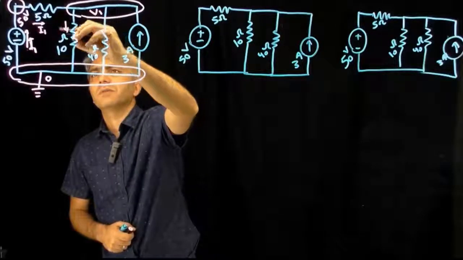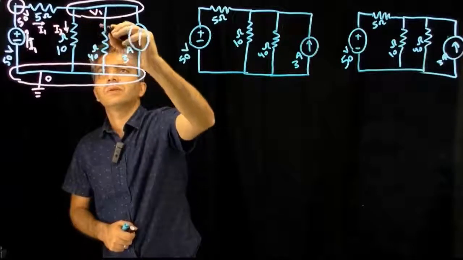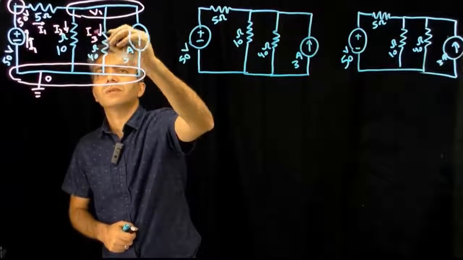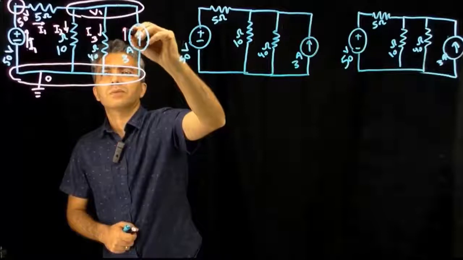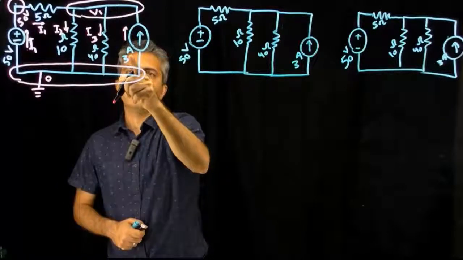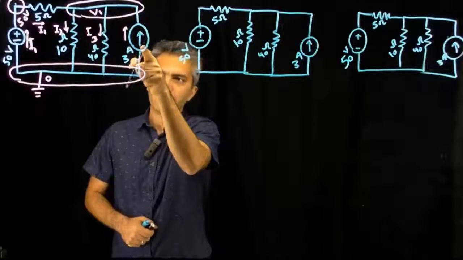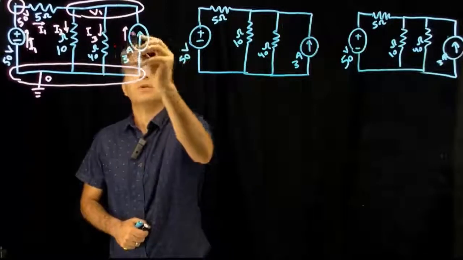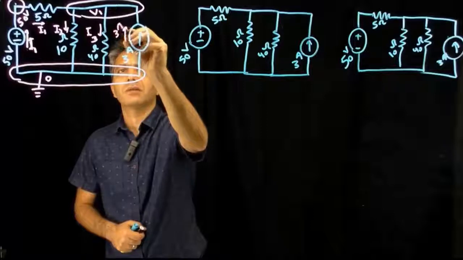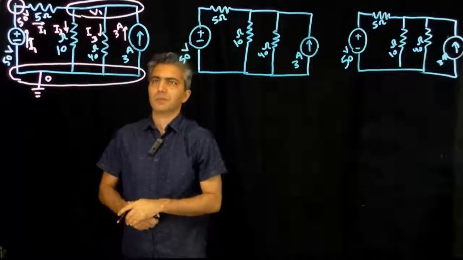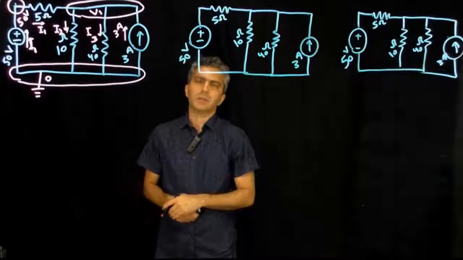I'm going to call this I2, this one I3, and this one I can call I4 and then come back and write the equation for this component, which would be the current is equal to 3 amps. So I'm just going to call it 3 amps then. I don't have to call it something else. And at that point, I'm done labeling the circuit.